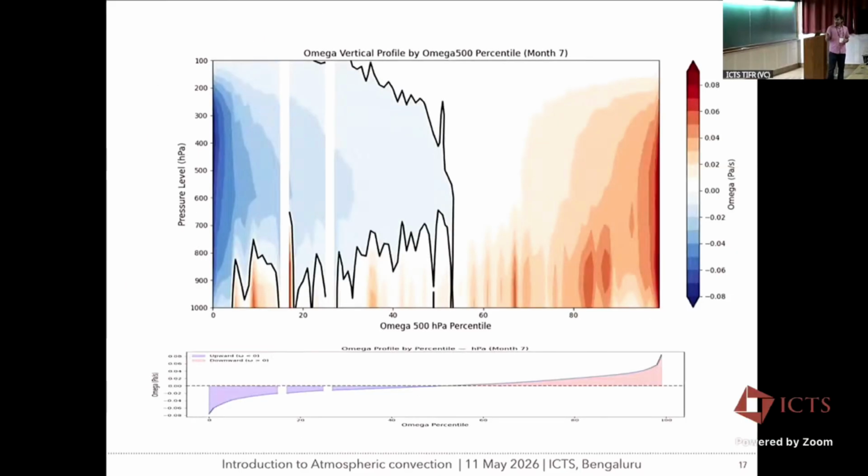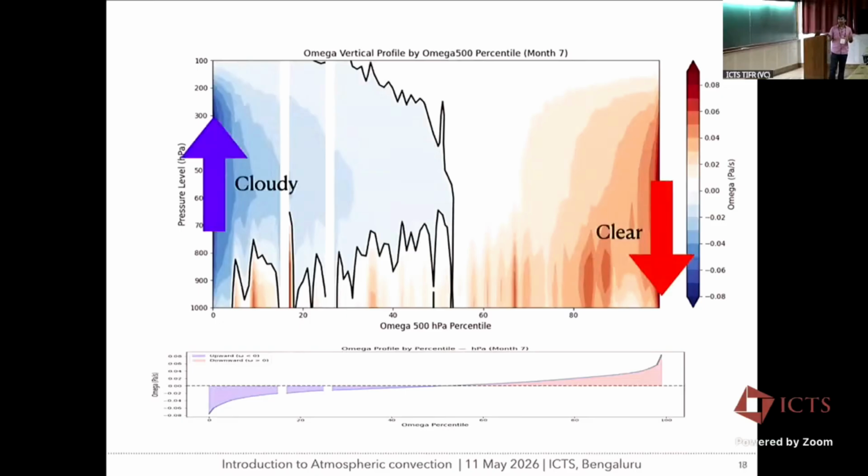So just to give you an idea of how my vertical velocity profile looks like if I sort it according to my omega 500, you can see these blue patches, and this is the bluest, which is my strongest updraft, and this most red part is my subsidence.